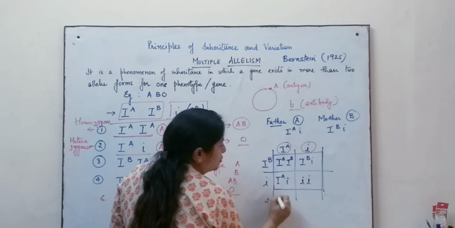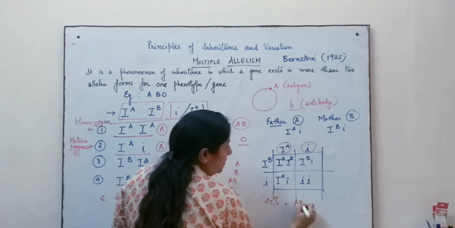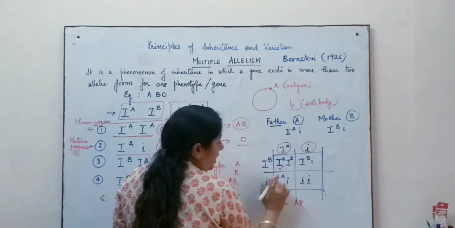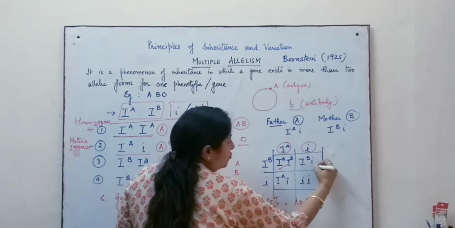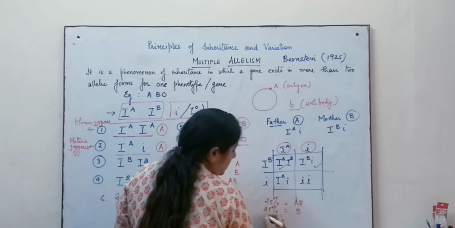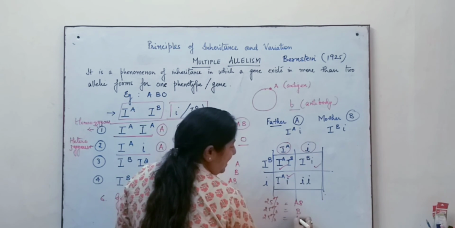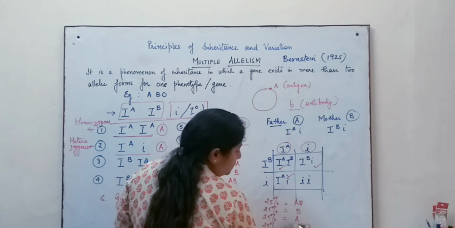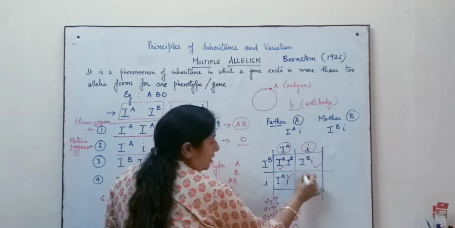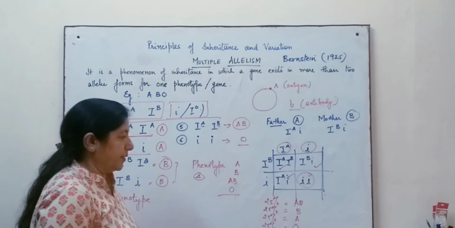So there is a 25% chance of getting blood group AB, a 25% chance of getting blood group B, a 25% chance of getting blood group A, and a 25% chance of getting blood group O, because of the recessive genes present together.